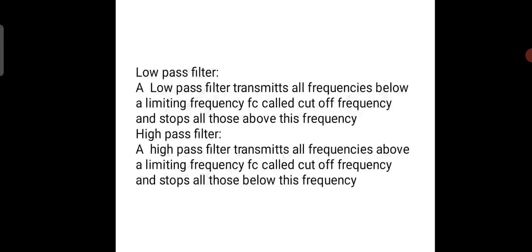Above the cutoff frequency no signal passes; signals are allowed below the cutoff frequency, not above it. Usually we calculate this in terms of voltage or in terms of gain.